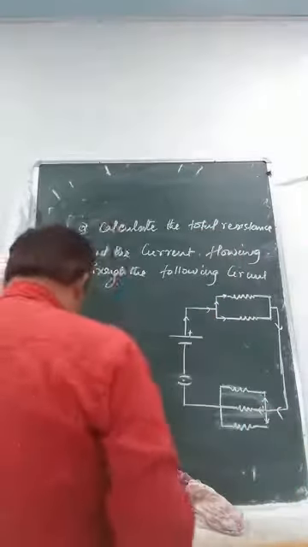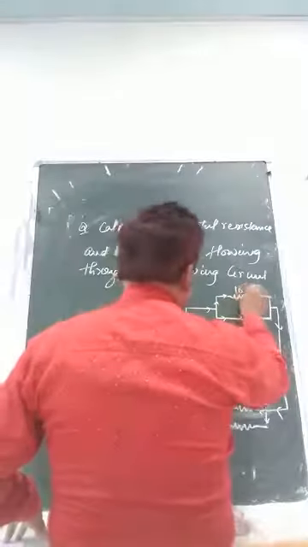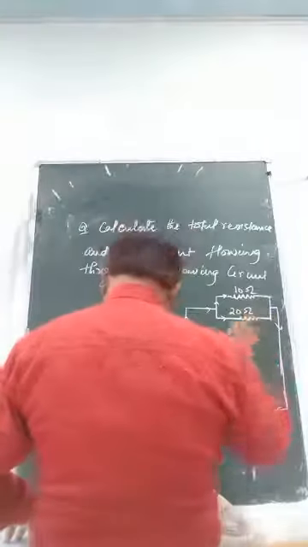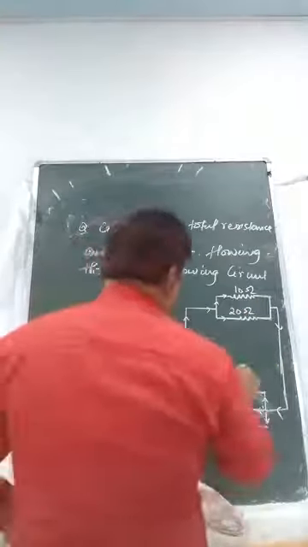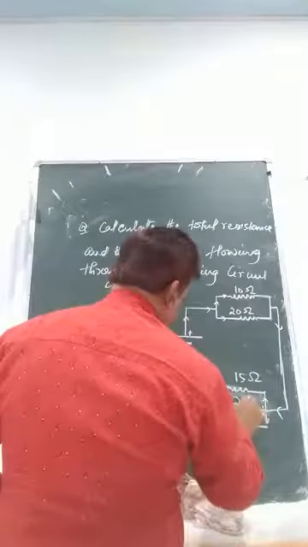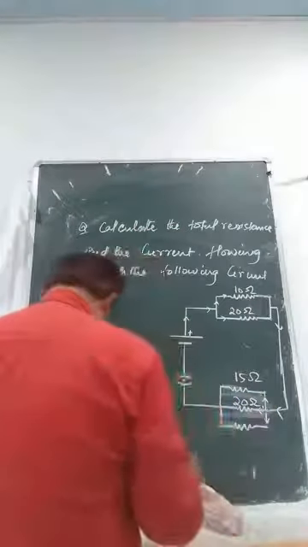So the values given are 10 ohm, 20 ohm, then 15 ohm, then 20 ohm, then 30 ohm.